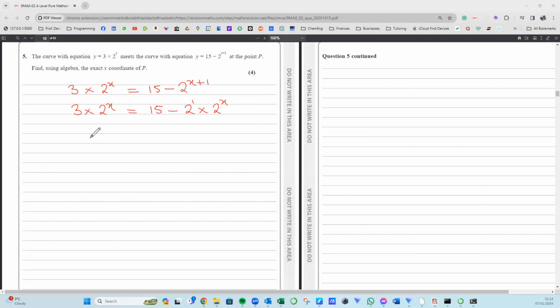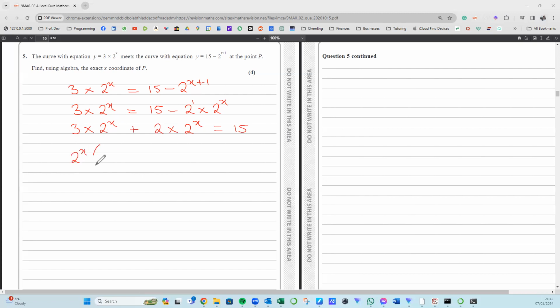So what we can do now is bring the terms with the 2 to the x onto the same side. So I'm going to go 3 times 2 to the x plus 2 times 2 to the x is equal to 15. Then we can take 2 to the x out as a factor.